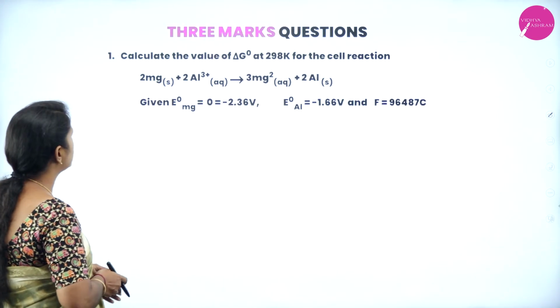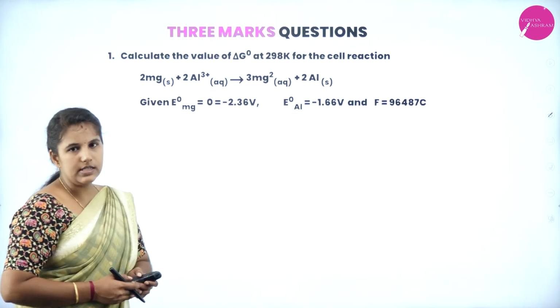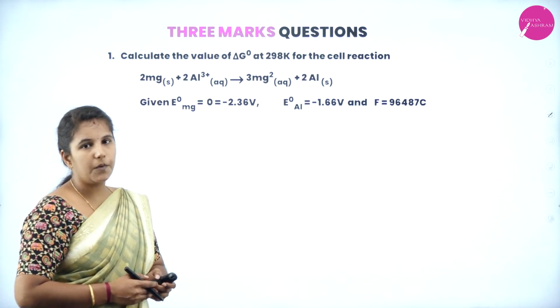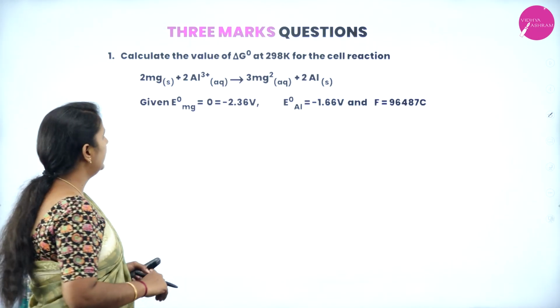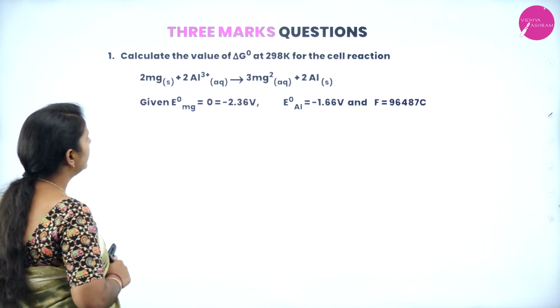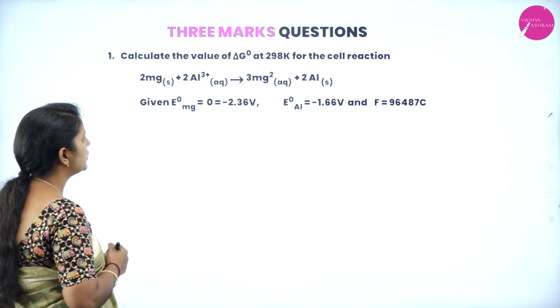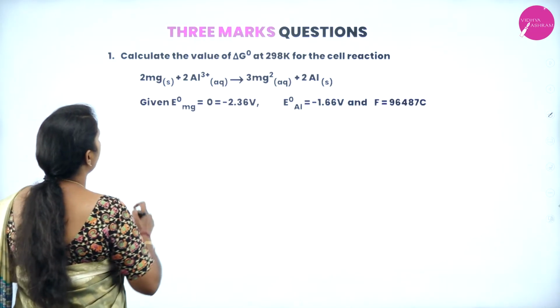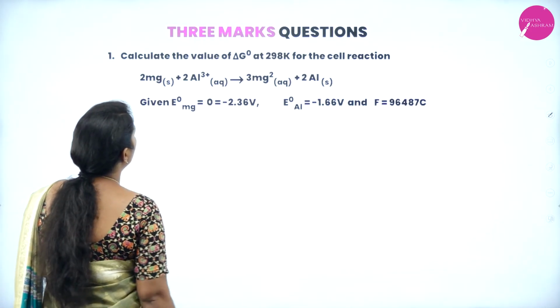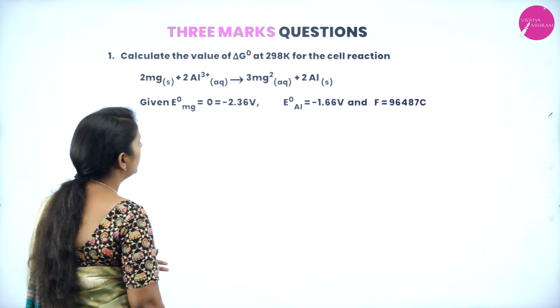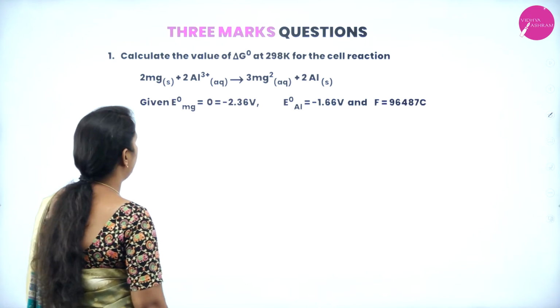Next is a 3-mark question. We'll see how to solve the numerical based upon E0. Calculate the value of delta G0 at 298 Kelvin for the cell reaction. Here they have given a cell reaction of 3 Mg plus 2 Al3+, which gives 3 Mg2+ plus 2 Al.